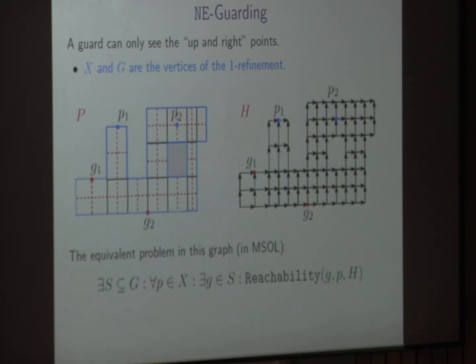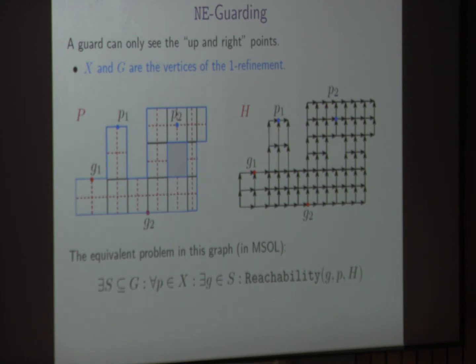I know that my guards are some vertices of this graph, my points are some vertices in this graph, so I want to solve basically this reachability problem where I'm looking for a minimum number of guard vertices from which I can reach all of the points in the graph, right? And this is how you can express it in monadic second order logic.